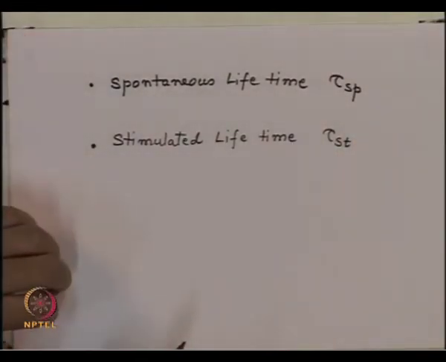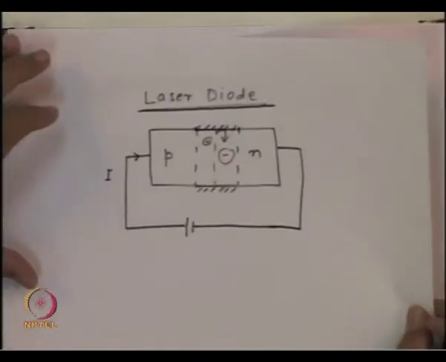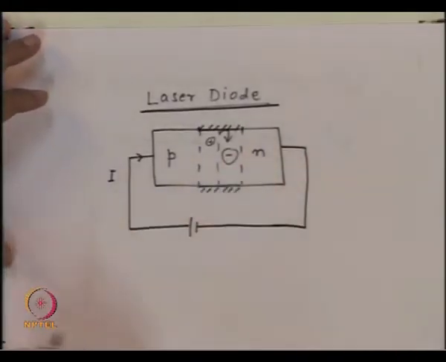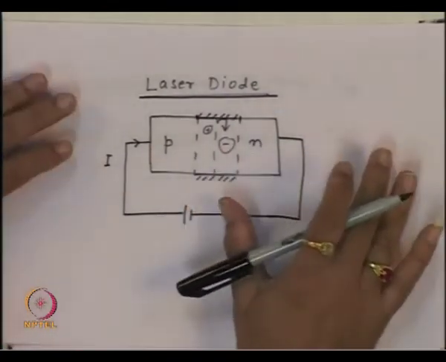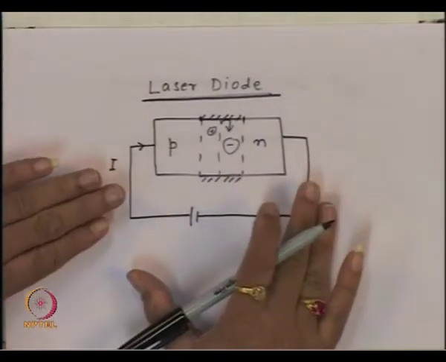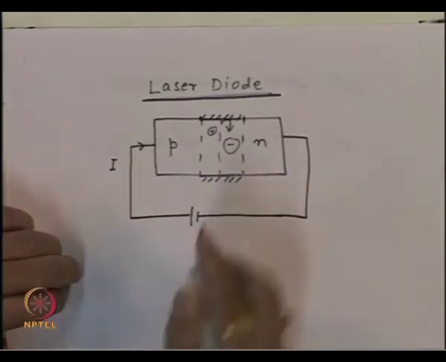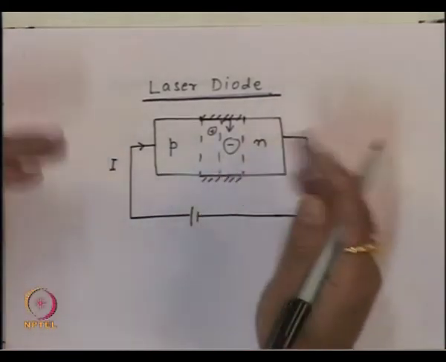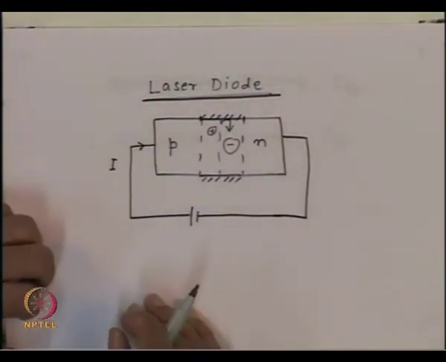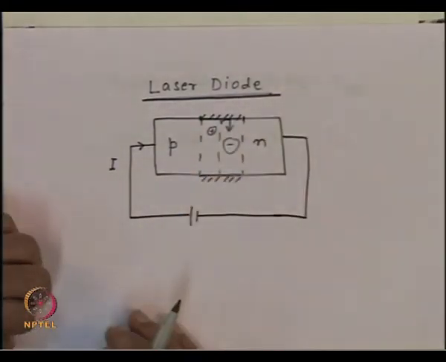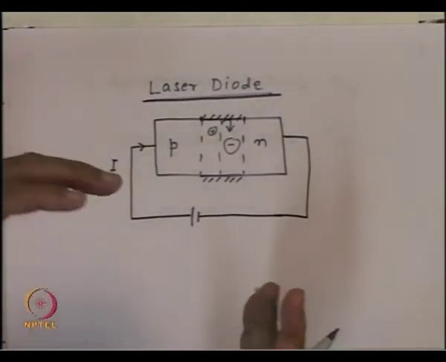So, the lifetime of the carrier recombination will reduce substantially, and that will be the stimulated lifetime. The third lifetime is that once the photon is generated inside this, even if the carriers vanish, even if I stop the current in the external circuitry, unless the photon is lost from this region, either it is absorbed again inside the material or has left the cavity, we will not be able to change the photon flux.